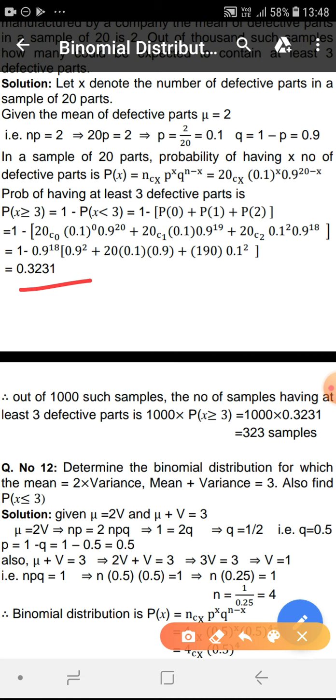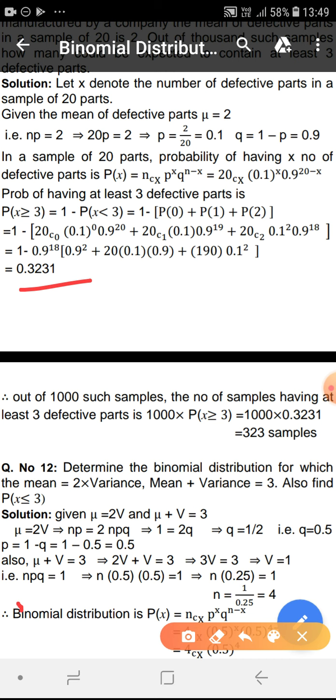If we consider 1000 such samples, then the number of samples in which there will be at least 3 defective parts will be 1000 into P of x greater than or equal to 3. That is already calculated, so you multiply by 1000. 1000 into 0.3231 will be approximately 323 samples.